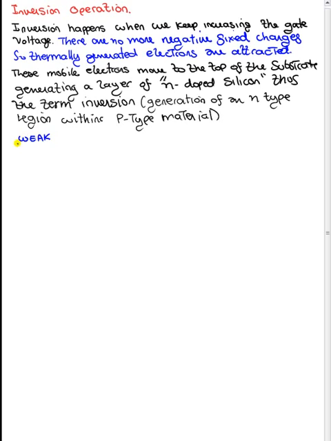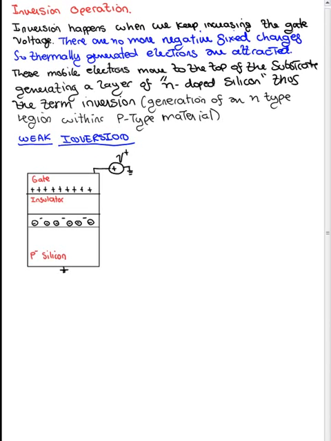So weak inversion, the first case. Let's take the graph that we had before. Here's the case for weak inversion. As you can see, we're putting more positive charge in the gate, and there is only a certain amount of fixed charges available in this region. So we're attracting some thermally generated electrons up here.